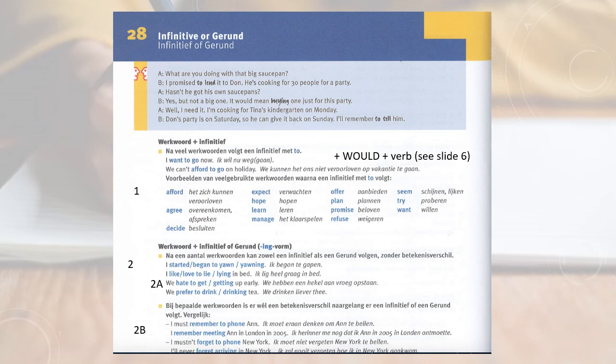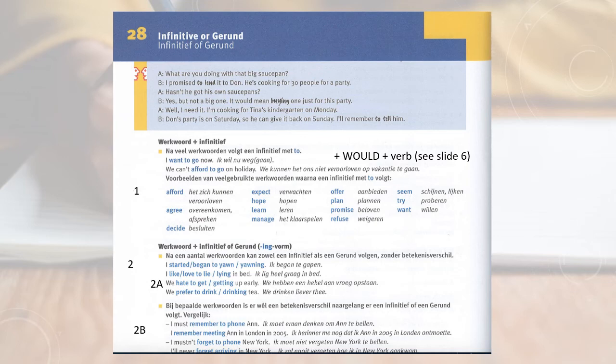But if you look at the second sentence, with the same verb, remember, I remember meeting Anne in London in 2005. We don't have a to infinitive like we had in the first sentence, but we have a gerund here, okay? And if we translate, ik herinner me nog dat ik Anne in 2005 in Londen ontmoette.